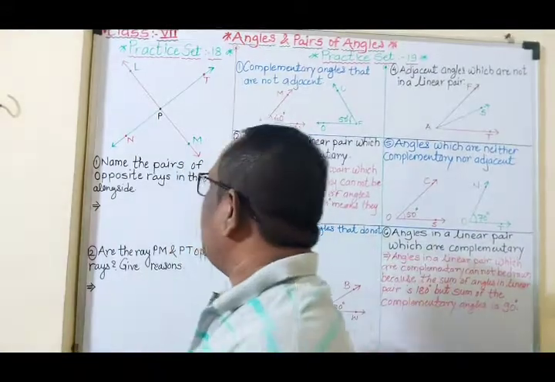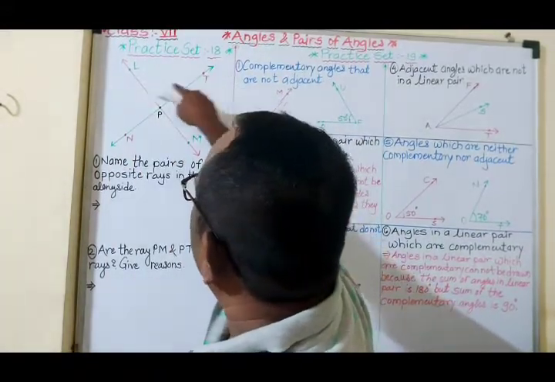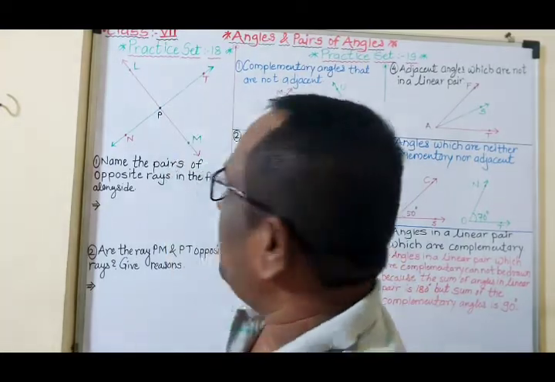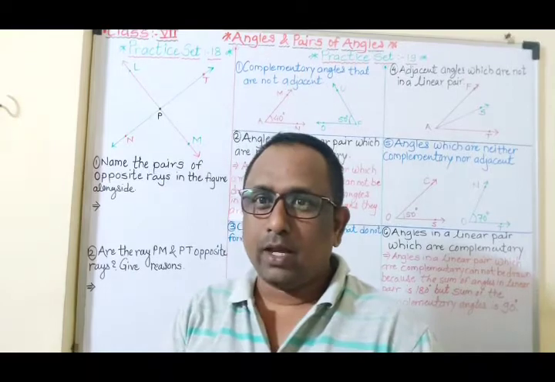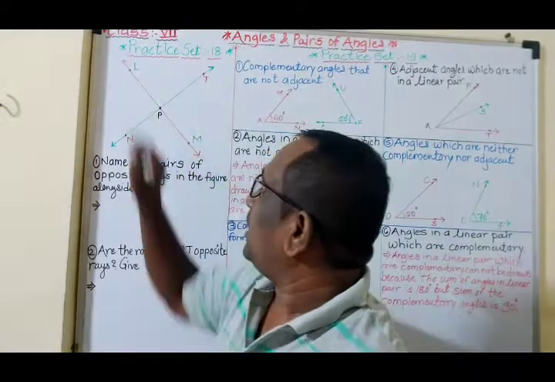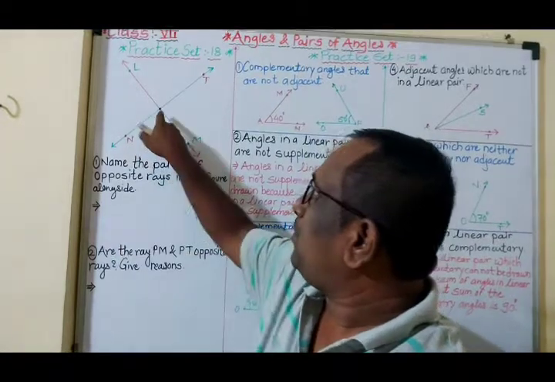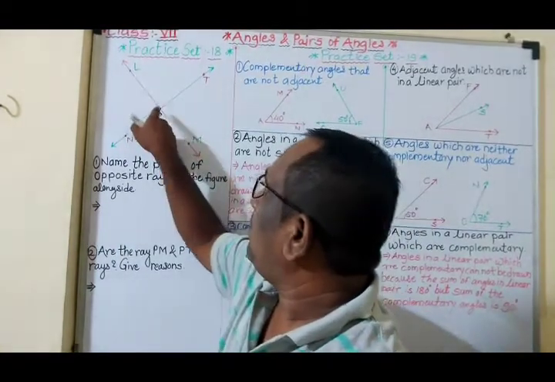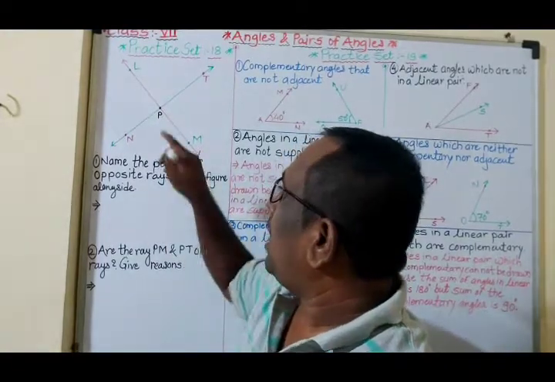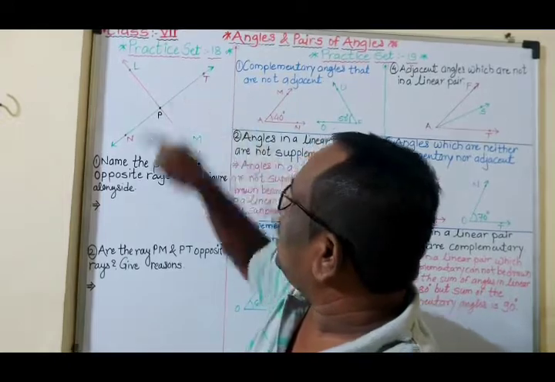Now see in the figure first. This is ray NT and this is ray LM. These are the two rays, and they form a straight line. Now if you see here, the point P is the origin of the rays PL and PM, as well as of the rays PN and PT.